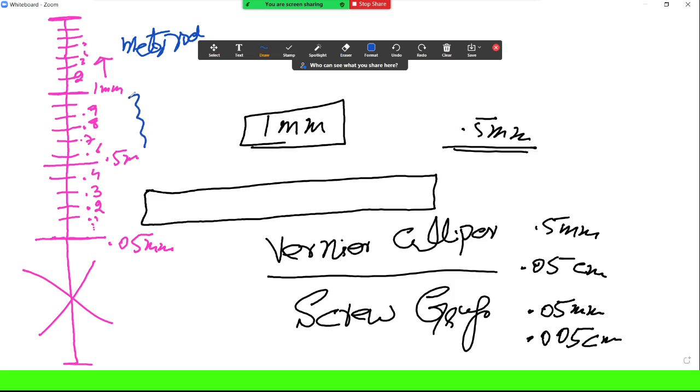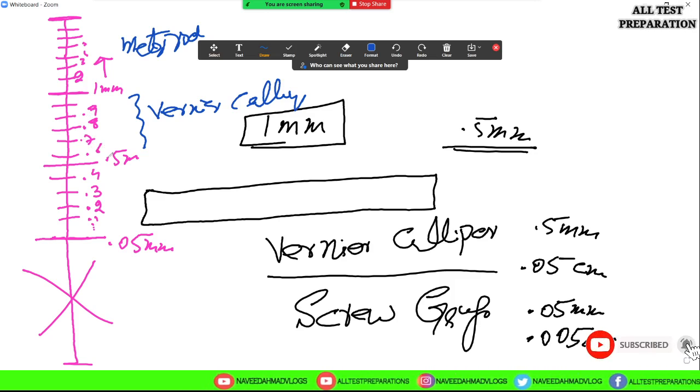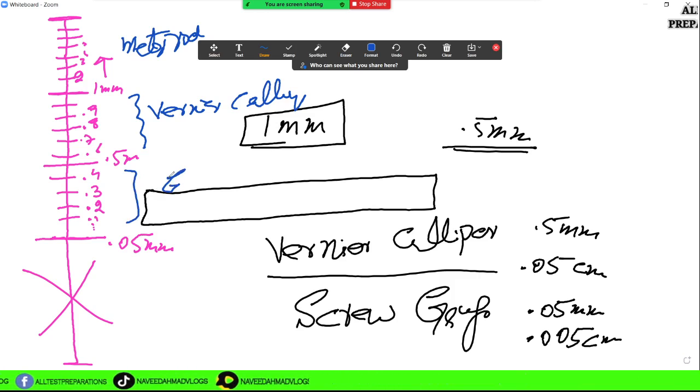For this range you will use the Vernier caliper: 0.9 millimeter, 0.8, 0.7, 0.6, up to 0.5 millimeter. For measurements less than 0.5 millimeter and greater than 0.05 millimeter, you will use the screw gauge.